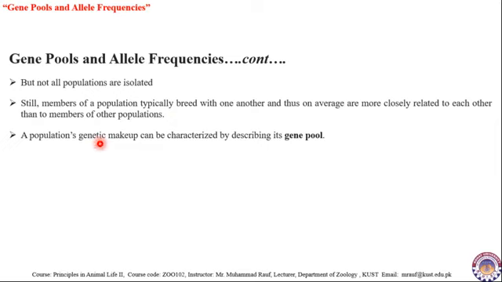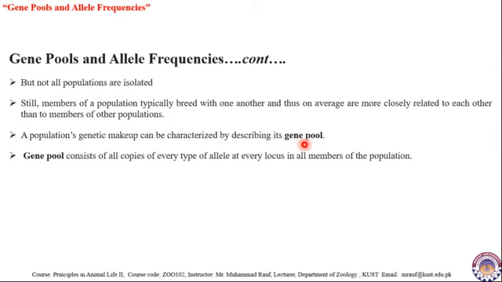A population's genetic makeup can be characterized by describing its gene pool. Gene pool consists of all copies of every type of allele at every locus in all members of the population. Now, suppose there exists a human population in a specific area, and that population consists of 100 individuals.